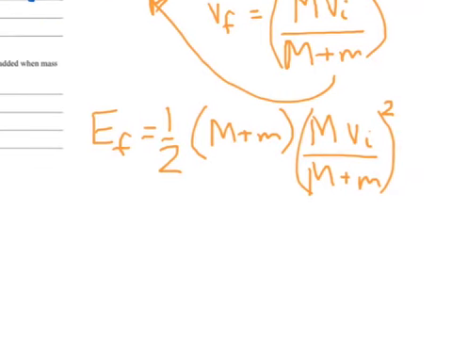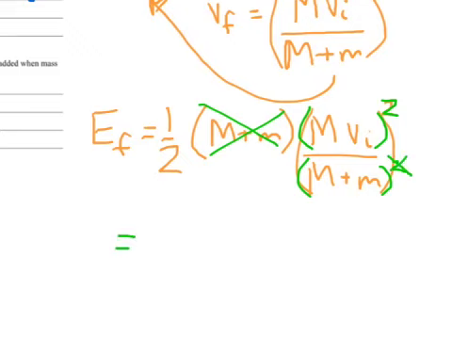Okay, so the easiest cancellation, as we could see before, is to get rid of one of our M plus m's on the bottom and the M plus m on the top. We could rewrite this as that squared over that squared, and now we get rid of that square part.